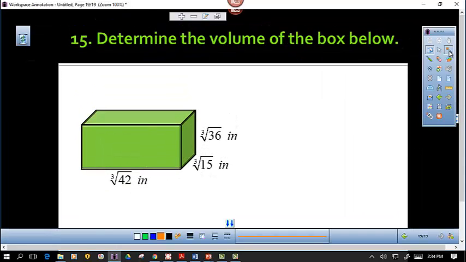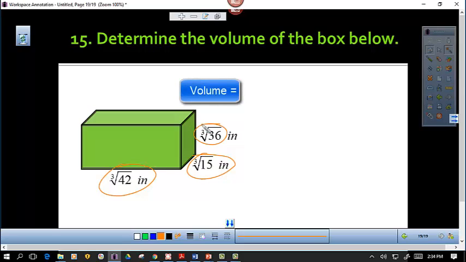And last but certainly not least, you have volume. If you remember, volume is base times height times the thickness in the third dimension. So we have the cube root of 42 times the cube root of 15 times the cube root of 36.